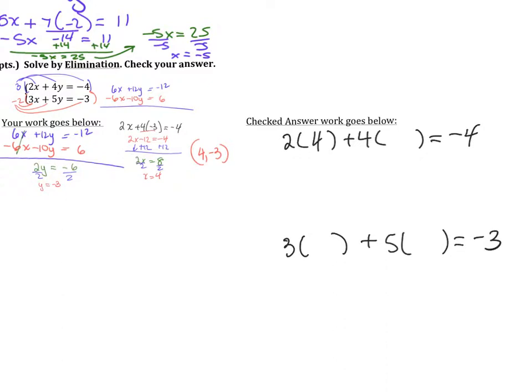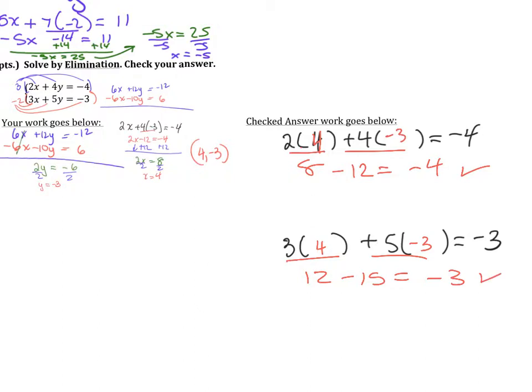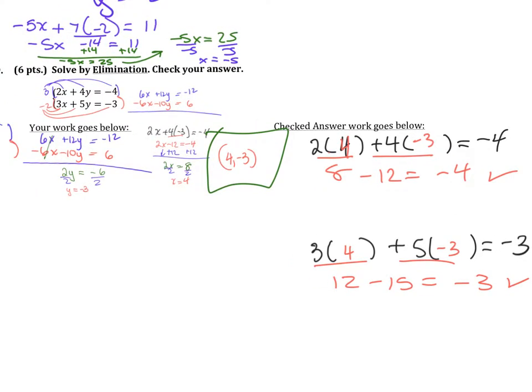I'm going to plug in 4 for x, and negative 3 for y. 8, 4 times negative 3 is negative 12. 8 minus 12 is negative 4. 3 times 4 is 12. 5 times negative 3 is negative 15. 12 minus 15 is equal to negative 3. So I know that 4 comma negative 3 is my answer because it satisfies both equations.